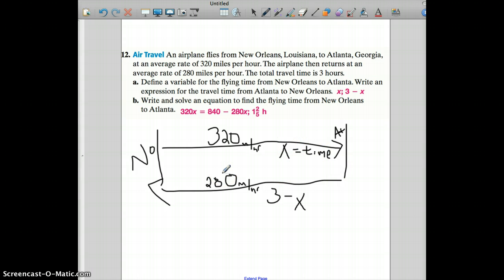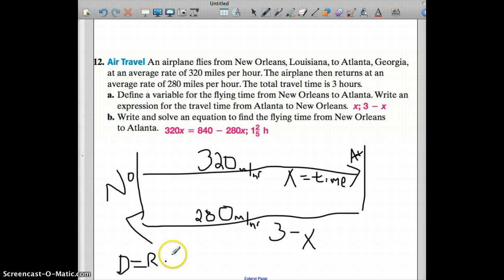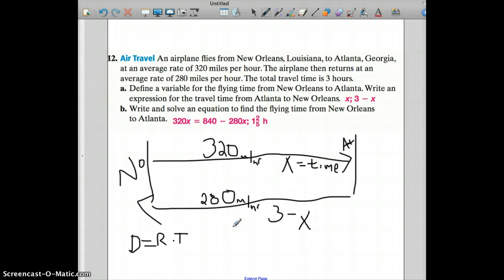So we then set up an equation, again, distance equals rate times time. We have a rate and a time for both situations, coming and going.